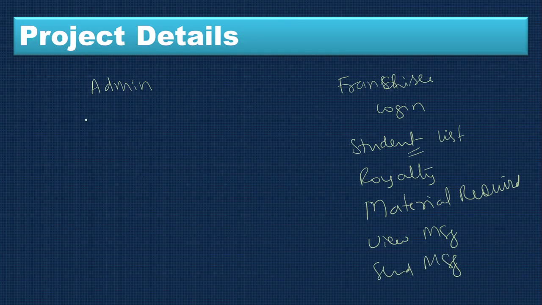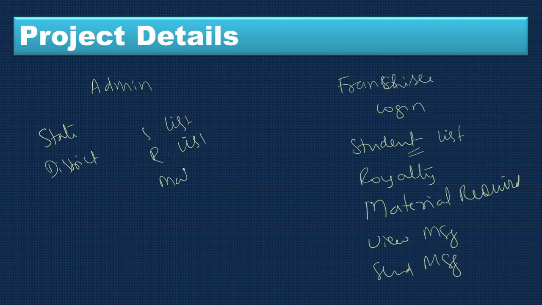On the admin side, because we provide franchisees throughout India, we can take the state detail and district detail, then the list of entries done, like the student list. Then the royalty list, what royalty they paid, that list has to come here.